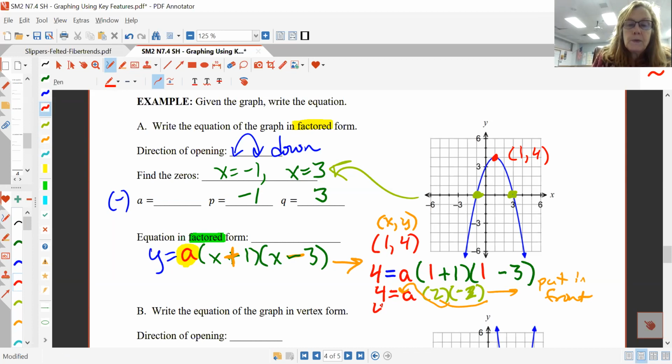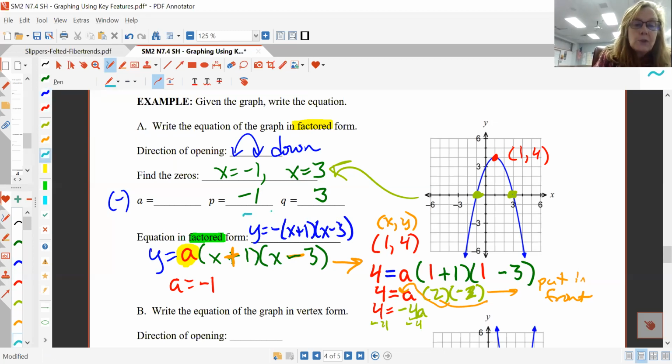So what I'm going to get is 4 equals -4a, because I want to be careful that it's a multiple, not an addition or subtraction. Then divide both sides by -4. So what did I find for a? A is actually -1. So what is my actual equation? Y equals negative x plus 1, x minus 3. And that is my actual final answer, okay?